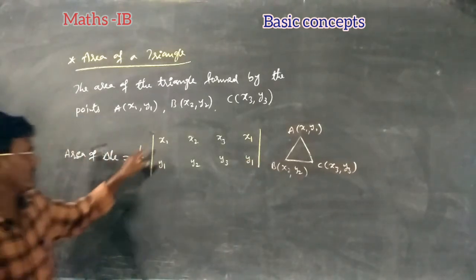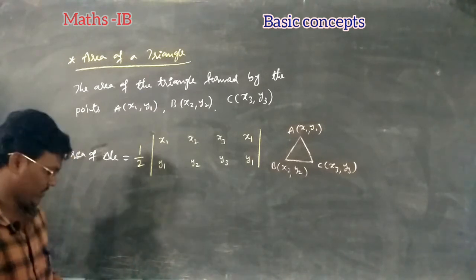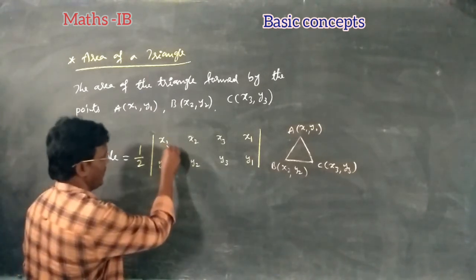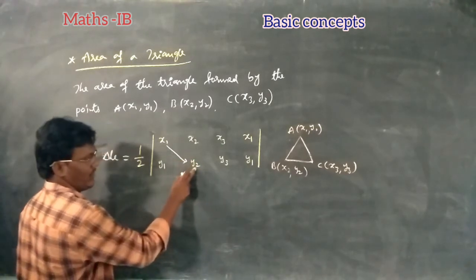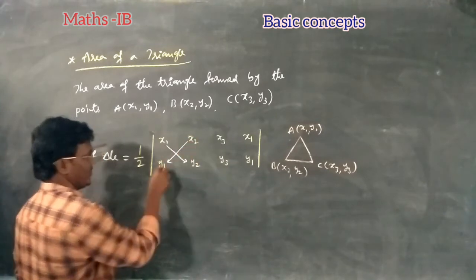Here it is simple cross multiplication. We have to do cross multiplication and add them. The cross multiplication means x1 into y2 minus x2 into y1.